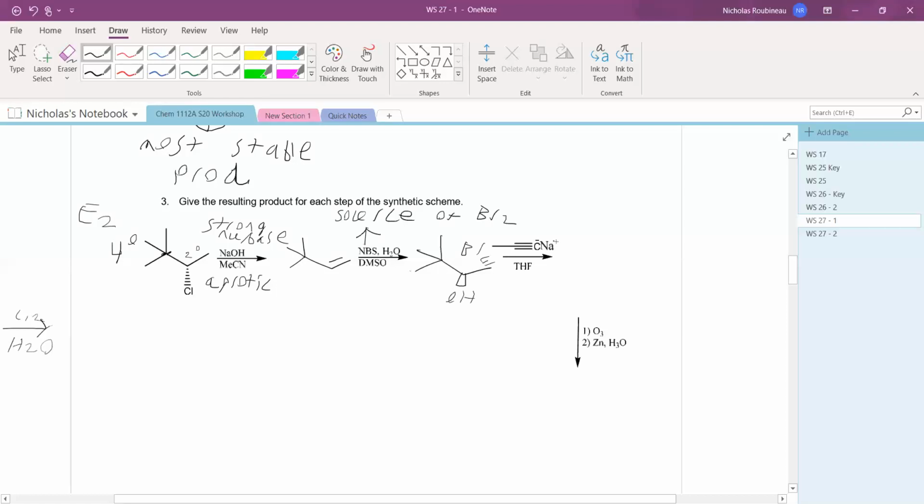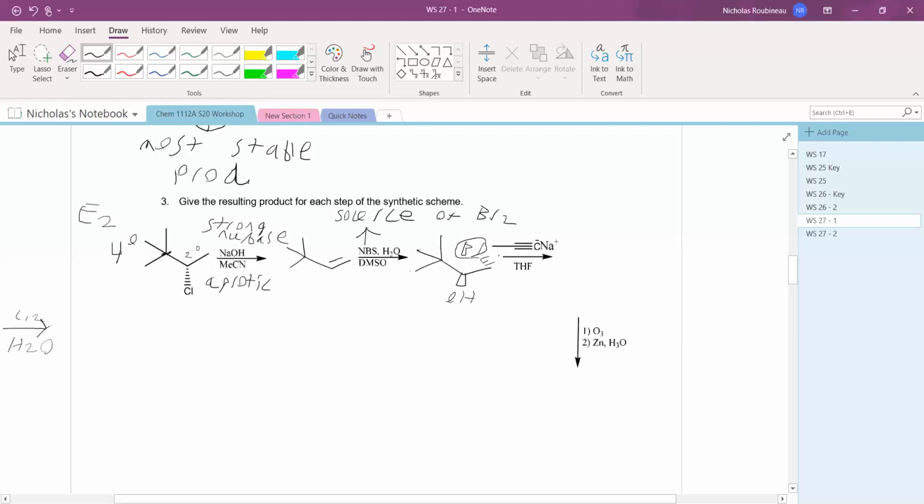What will this next reaction do? It's a triple bond carbon with a negative charge. It's an acetylide ion. And we have a bromine here on the primary position at the end of the chain.